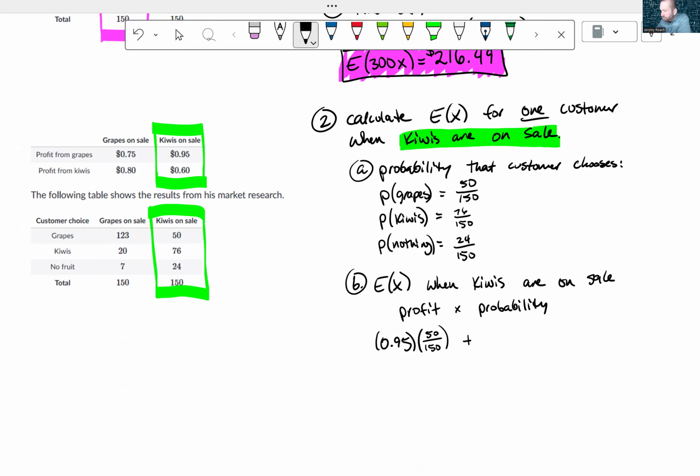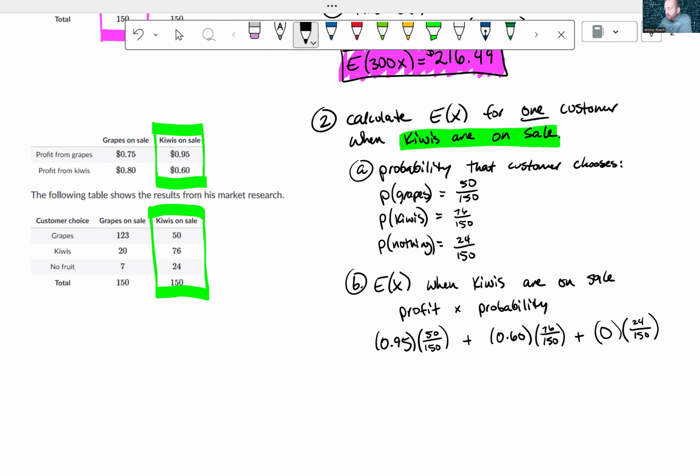plus the profit from kiwis when kiwis are on sale, 0.6 times the probability that someone chooses kiwis, 76 over 150, plus the profit from choosing nothing. They don't make any money if they don't sell anything, 24 over 150. Okay.